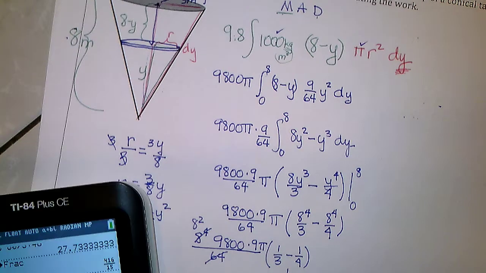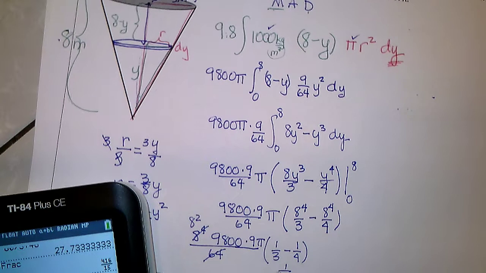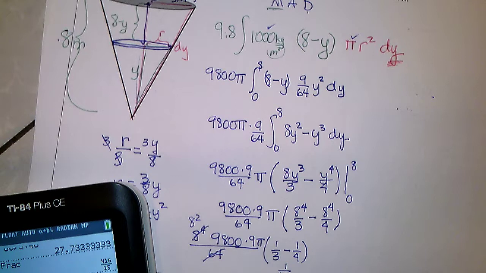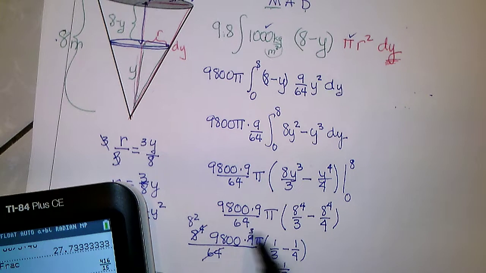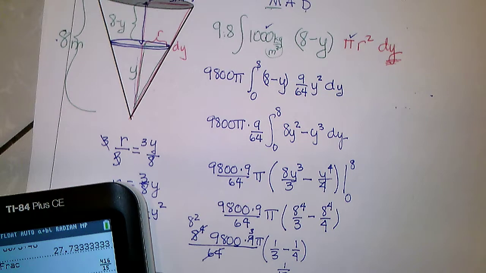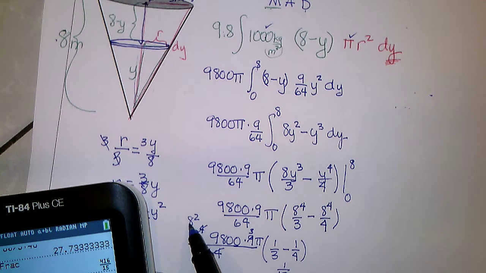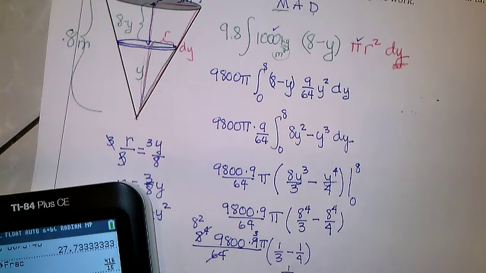And I could probably reduce even more here. The 3 and the 9 would make this a 4. And the other 3, so the 3's gone, and the 4 could go into one of the 8s, and so I'd have 2 times 8, which is 16.